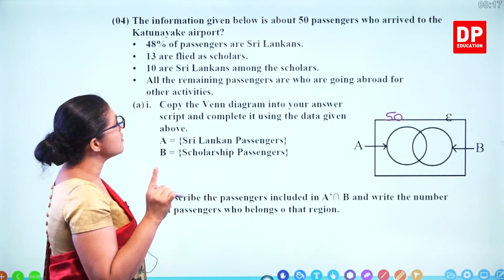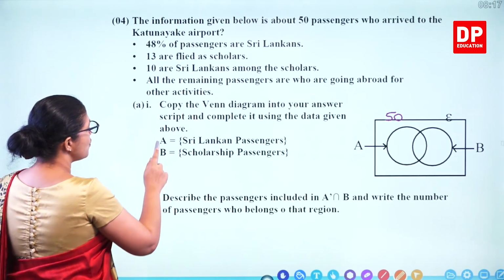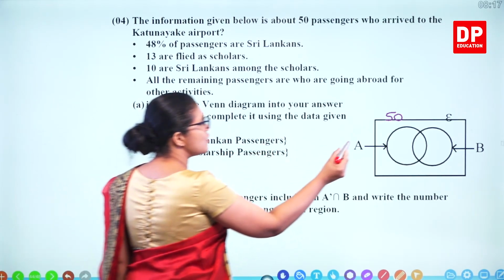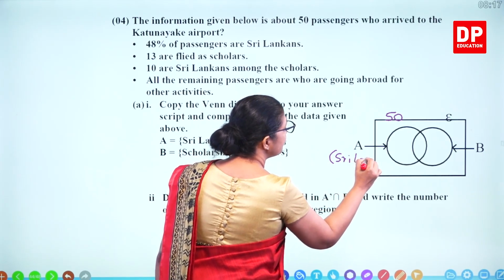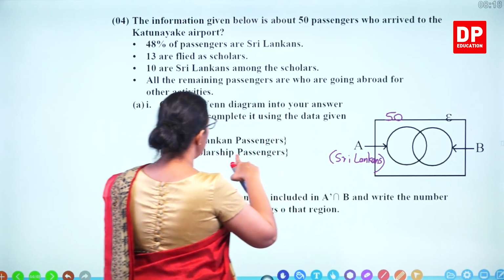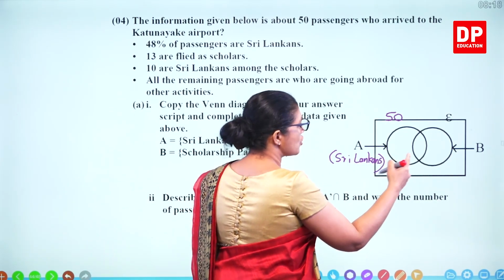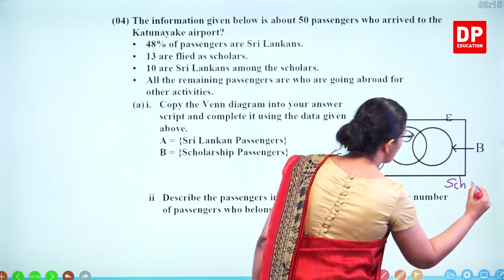48% of passengers are Sri Lankans. So here when you read the question, can you see A is the Sri Lankan passengers. So this is Sri Lankans. B, what's B? Scholarship passengers. This is scholarship passengers.